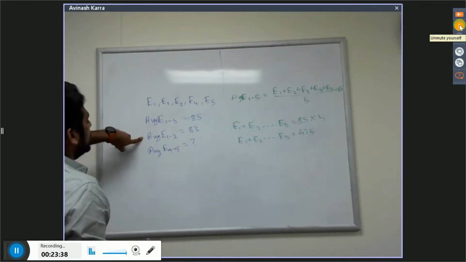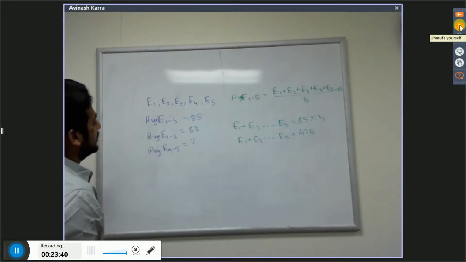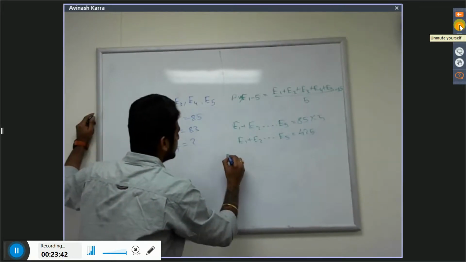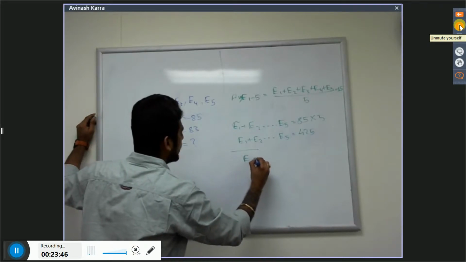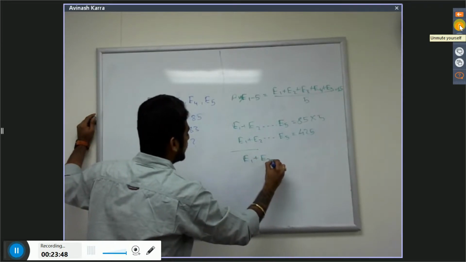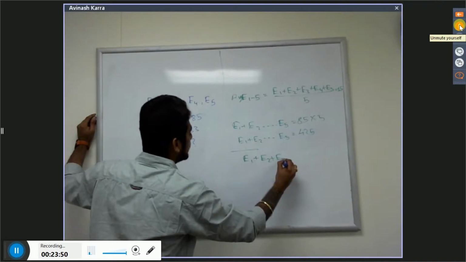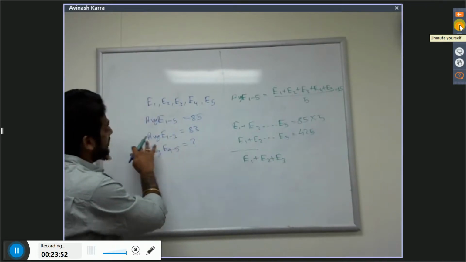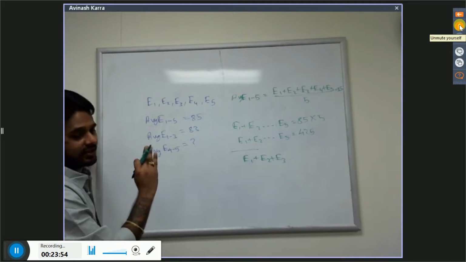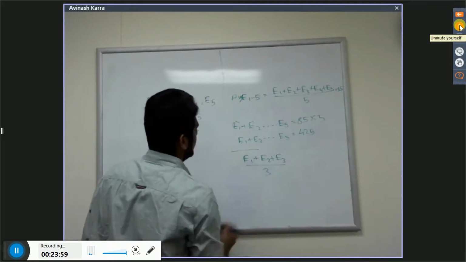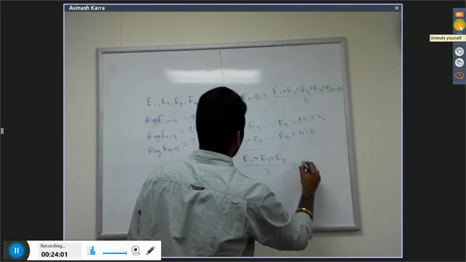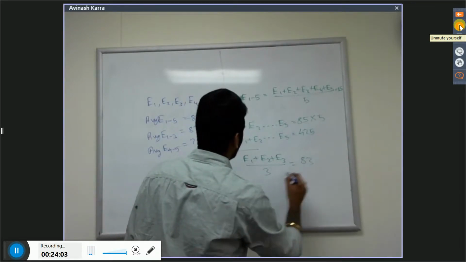Later, he gave the average of E1 to 3 is 83. E1 plus E2 plus E3, here he is considering only 3 tests, so divided by 3 is equal to 83.